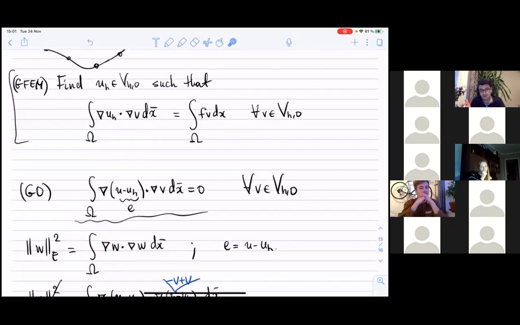For example, the L2 norm we can use for any function, right? And here it is different. This energy norm is related to the variational formulation that we get. So in this particular case, the energy norm says something about the gradient of the solution, and this is what we can say at this point.